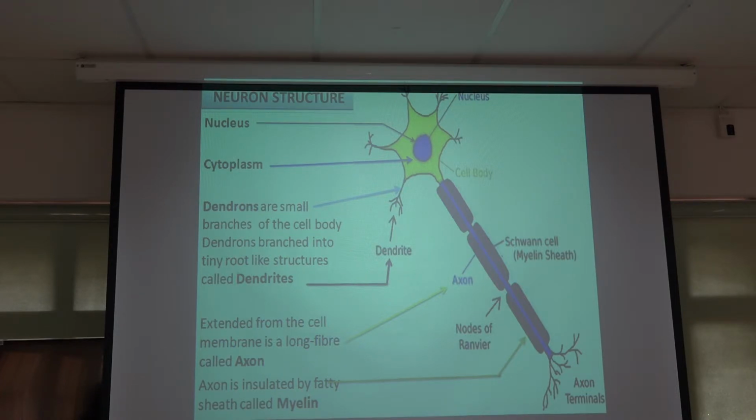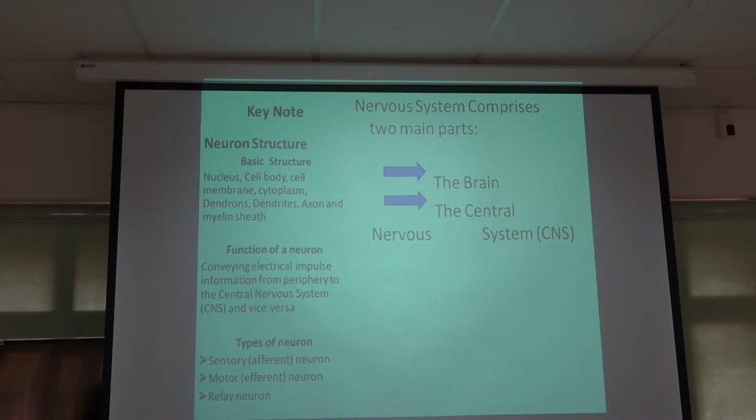Now we are going to discuss the types of neuron. Basically, neurons have three main types. One is the sensory neuron, which is also called afferent.